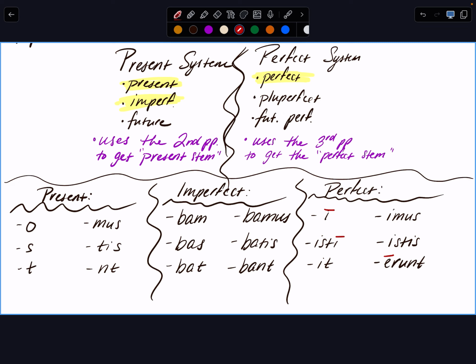But in terms of endings, those are pluperfect endings. So it's a little confusing, but yeah. Okay. All right, we have this down?